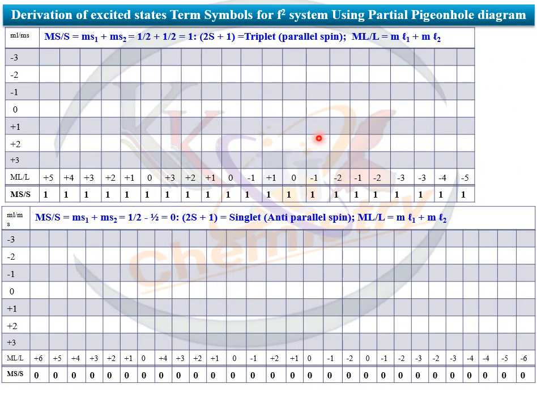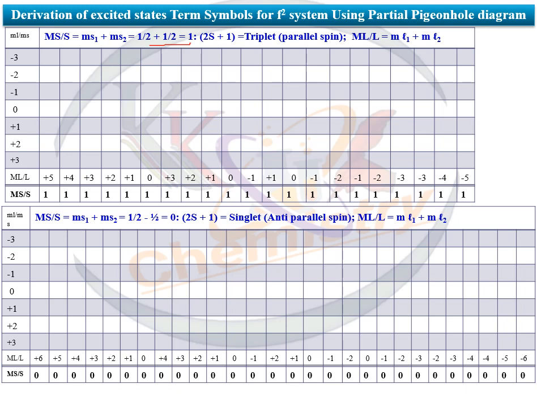Now, how do you place these electrons? You know that ms or S means the resultant spin of both electrons. Here in this case we will be talking about the parallel spin. In case of parallel spin we will have S1 one half plus S2 one half, which gives us 1.